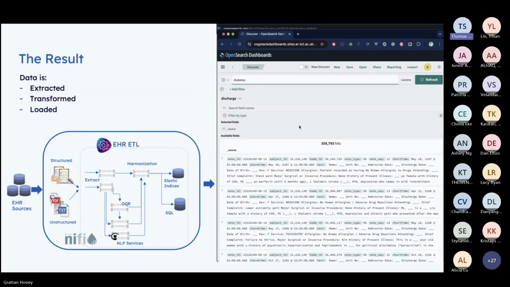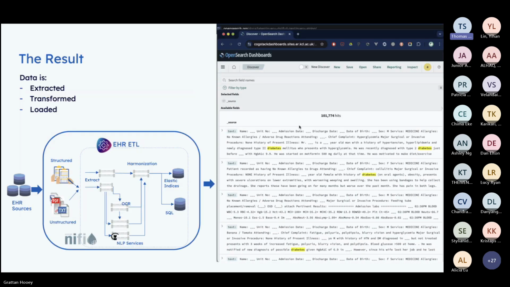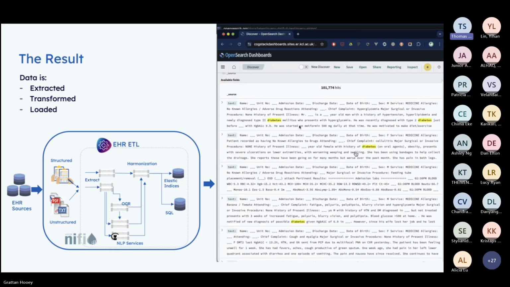So what does that really mean once you've extracted the data from the source data system, transformed it into this harmonized form and then loaded it into a place where you can make it searchable? Well, at a basic level, you get this kind of screen on the right. I've searched for diabetes in this publicly available de-identified data set from the US, and it returns, I think, 100,000 results.